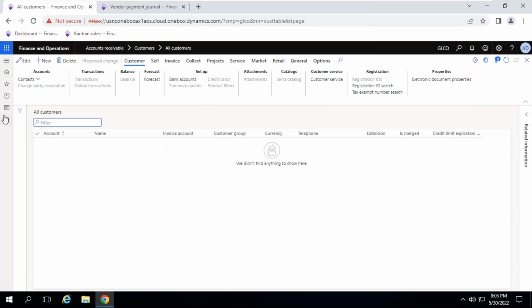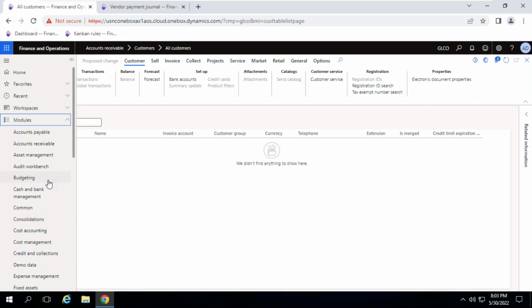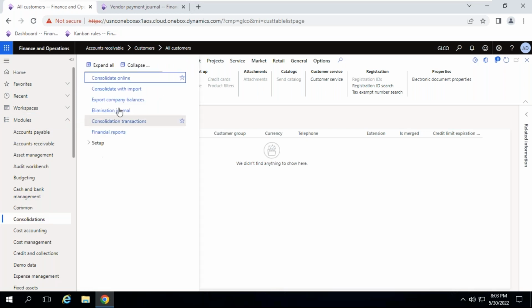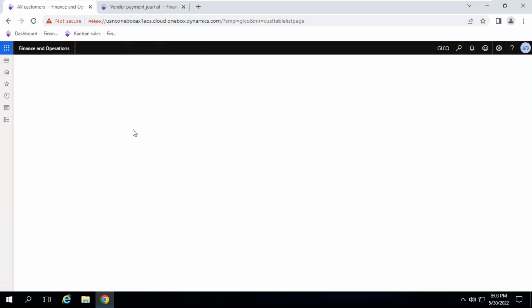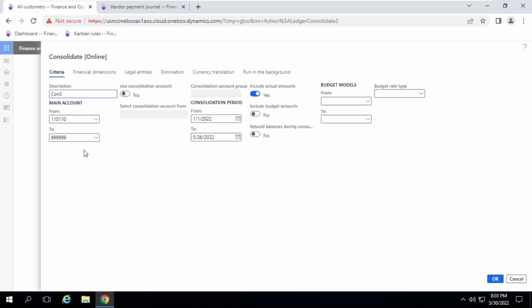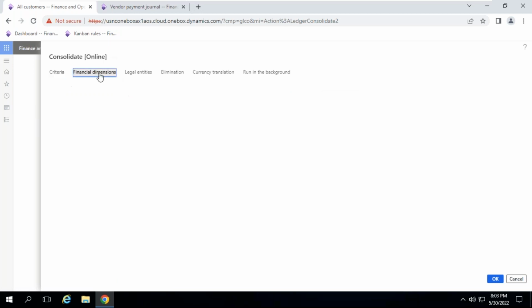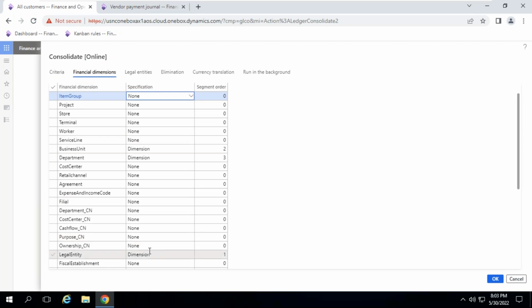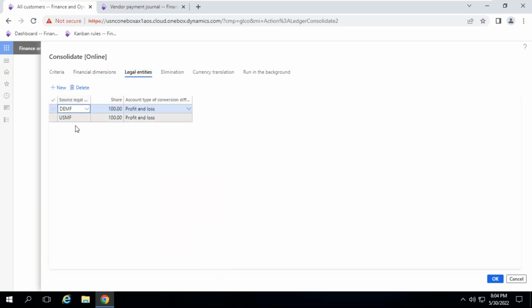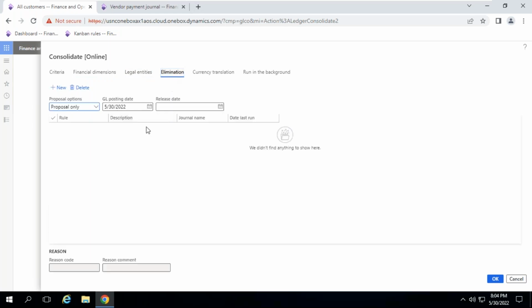In this consolidation process, consolidation online, you are defining from account and to account, from date and to date, and actual amounts, the legal entity, and then business unit, department, whatever dimensions you want, you can map it, and you can map the legal entities and elimination.